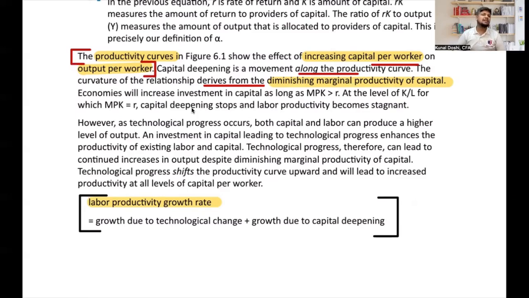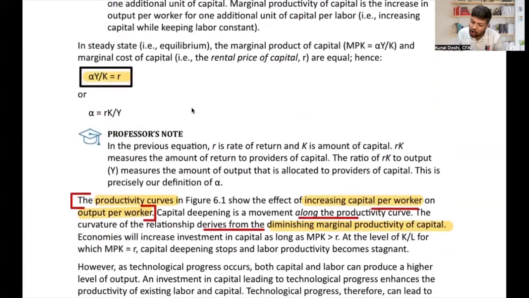Because guys, the capital is not unlimited and the capital has a cost. As long as the benefit is greater than the cost, you can keep on putting in more capital. But at some point of time, the cost will increase. Now, when I say cost, it is the return on the capital. That is R. R is return on capital.